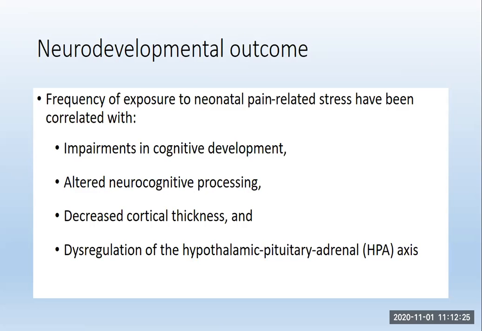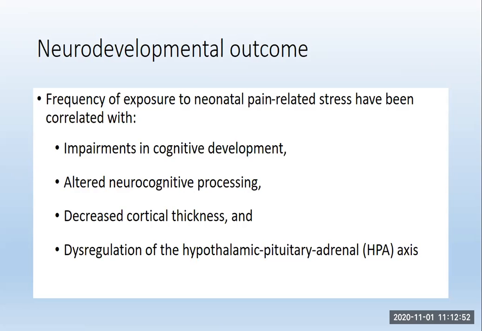If you think about it, as the baby grows, what would have happened to the brain? Frequency of exposure to neonatal pain-related stress has been correlated with impairment in cognitive development. It means the more time the newborn has experienced pain, the higher the chances of more cognitive impairment.